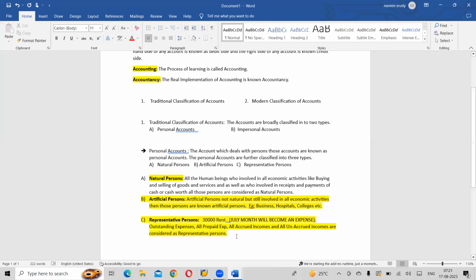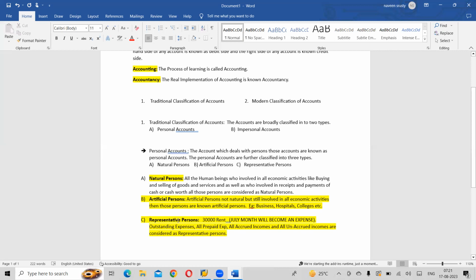Then these outstanding expenses, salaries, are nothing but your outstanding expenses. Rent is nothing but your outstanding expenses. To whom we need to pay? To a natural person or an artificial person. Then all outstanding expenses will turn from expense to liability, which represents to whom we need to pay.